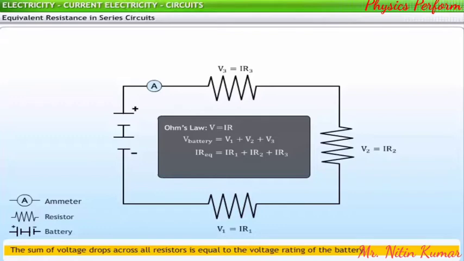By solving this expression, you get the equivalent resistance of cells in series circuits, R, as the sum of resistances of each resistor in the circuit. Hence, R is equal to R1 plus R2 plus R3.